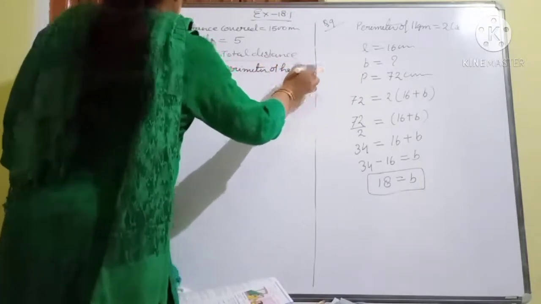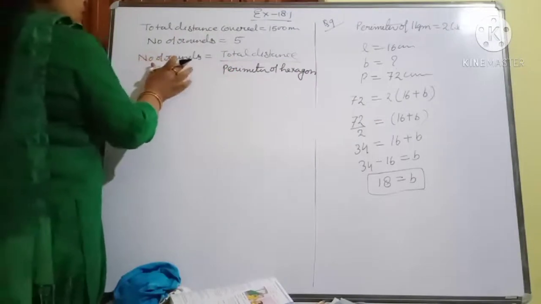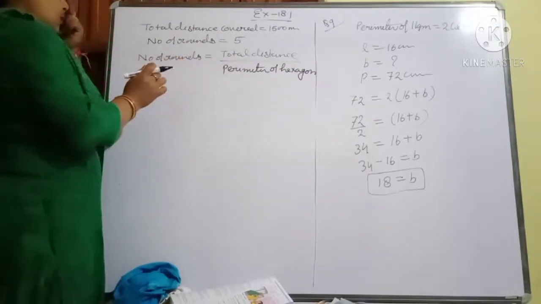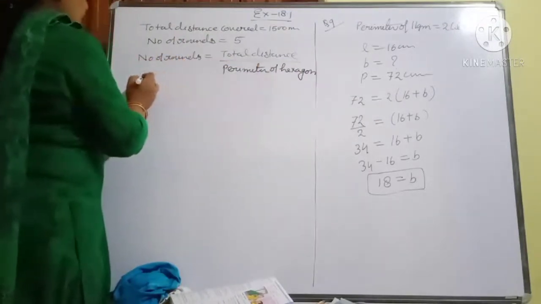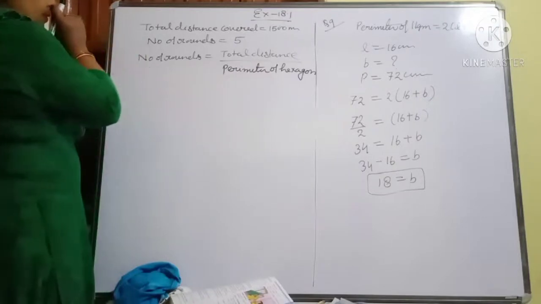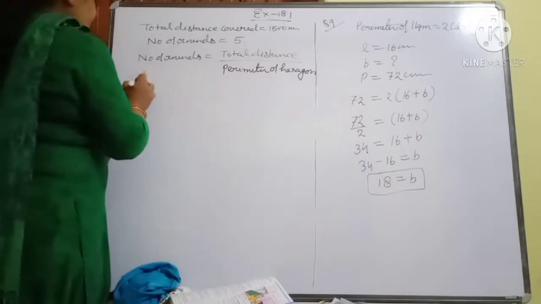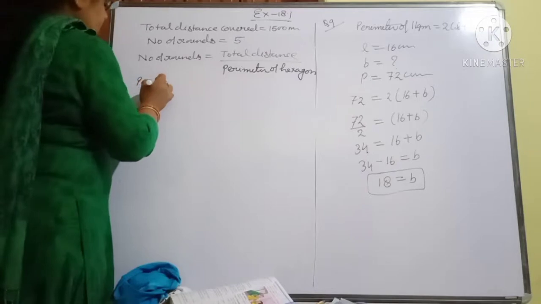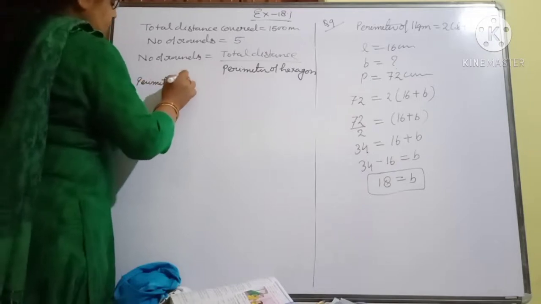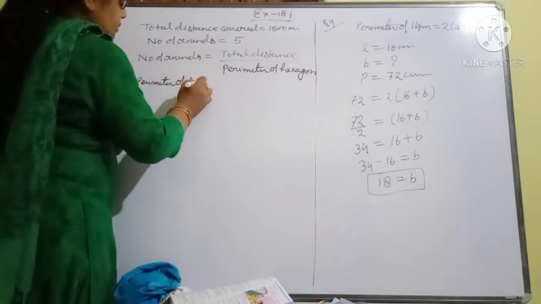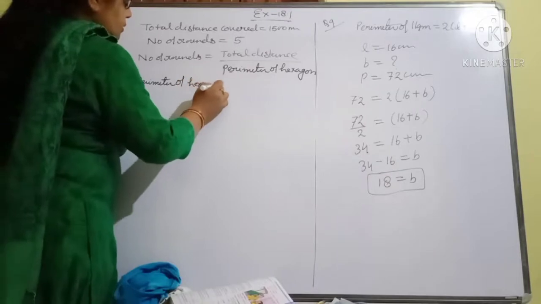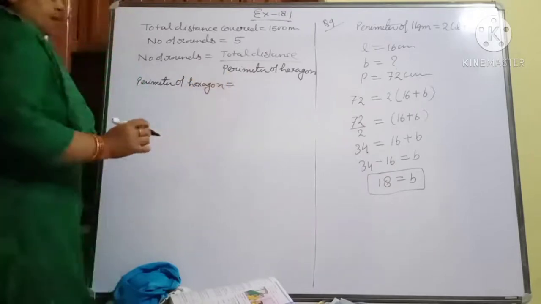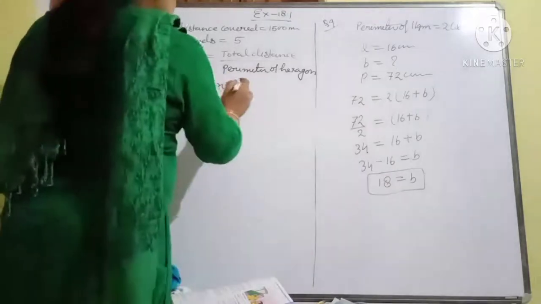First of all, now what we will do, perimeter of hexagon, how much will it be? Hexa means 6 sides, so 6 into side.